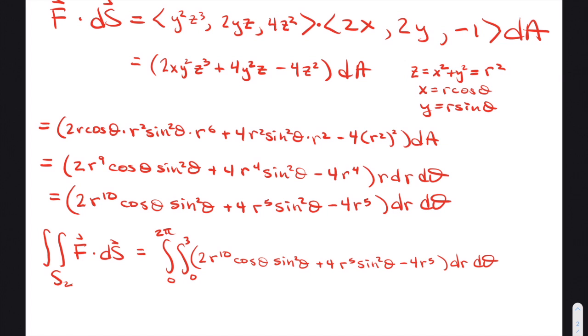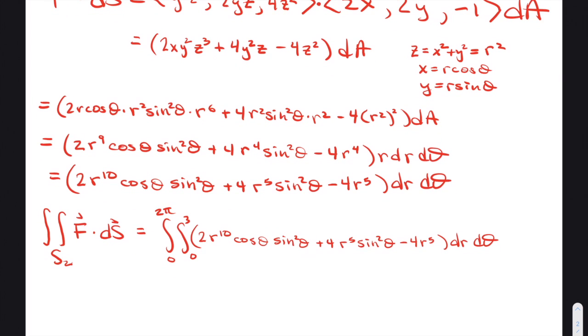I'm going to give you a quick version of this. Okay, so I'm going to factor 2 all the way out. The first double integral is going to be from 0 to 2 pi and then 0 to 3, and you're going to have this r to the 10th cos theta sine squared theta, and then I'm going to put my dr d theta here.